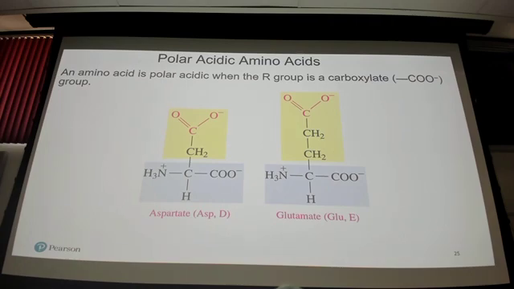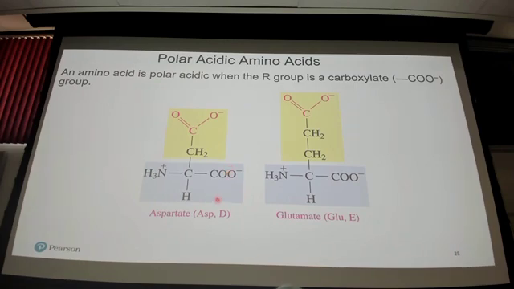So polar acidic amino acids. I didn't say this, but this ammonium group is basic. When it has a nitrogen, that nitrogen is typically a basic molecule because it's a hydrogen acceptor, and the carboxylate group is considered acidic because it's a hydrogen donor.